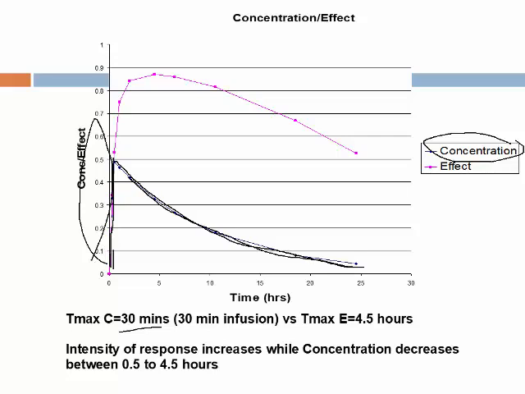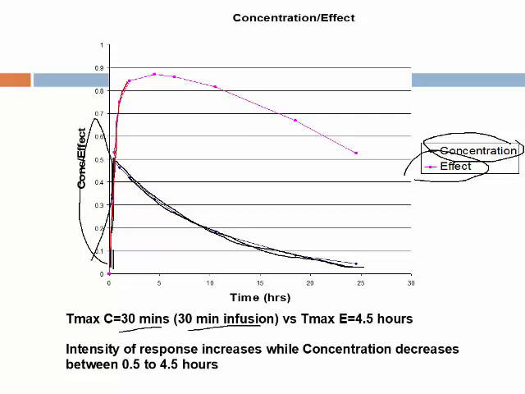So we can see here that our Tmax is at 30 minutes, okay? And then what's happening with our effect? Our effect is also increasing, isn't it, as the concentration increases. But now as the concentration falls, our effect continues to rise, doesn't it?